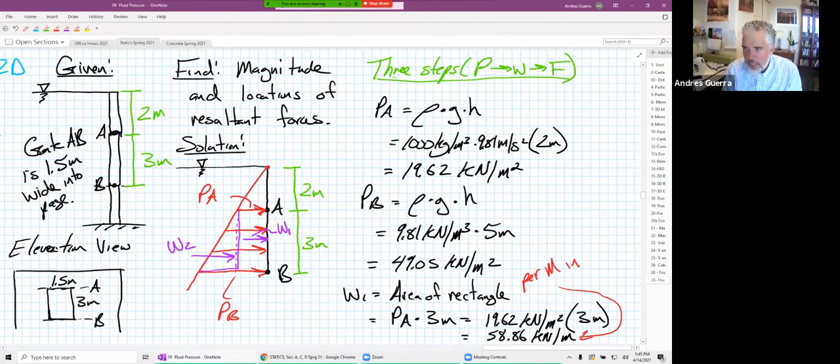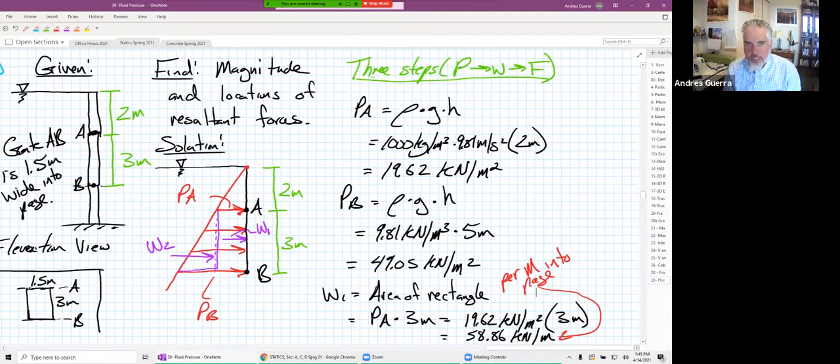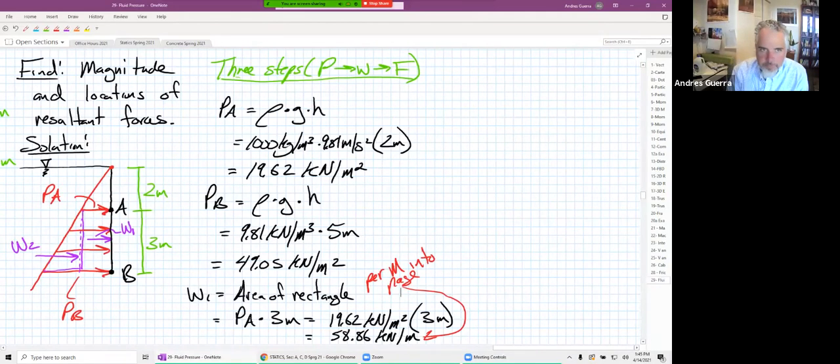And remember, the way we're going to do this, that is always going to be per meter into the page. Remember, that's a uniform distributed load that's going all the way into the page across that 1.5 meter distance there. And then we can do W2. W2 is going to be the area of the triangle.